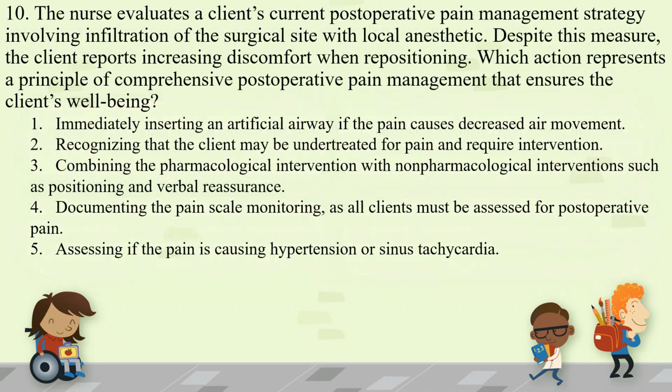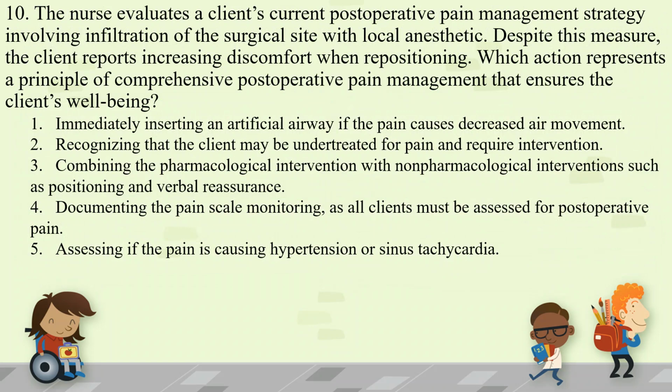The nurse evaluates a client's current postoperative pain management strategy involving infiltration of the surgical site with local anesthetic. Despite this measure, the client reports increasing discomfort when repositioning. Which action represents a principle of comprehensive postoperative pain management that ensures the client's well-being? One, immediately inserting an artificial airway if the pain causes decreased air movement.